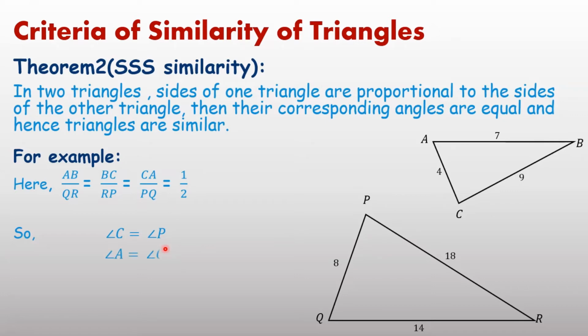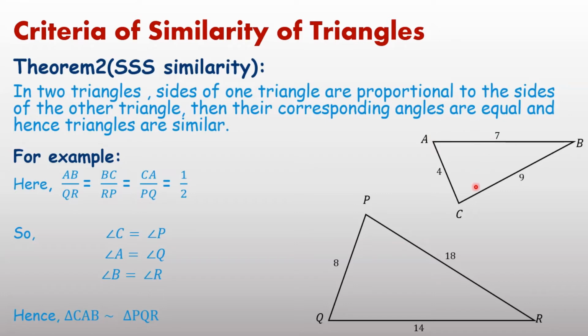Now corresponding angles you can easily confirm here. Then angle C equal to angle P, A equal to Q, and B equal to R. Now, the method by which you can find which angles are corresponding angles: AB upon QR is written.